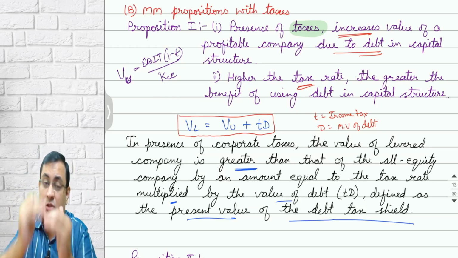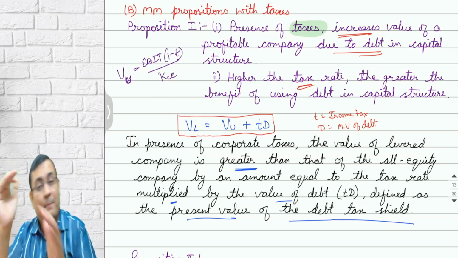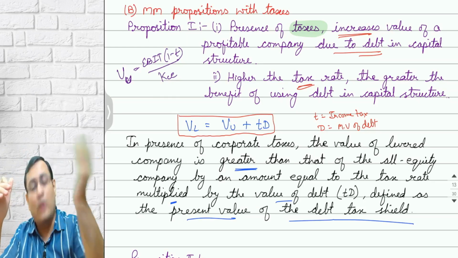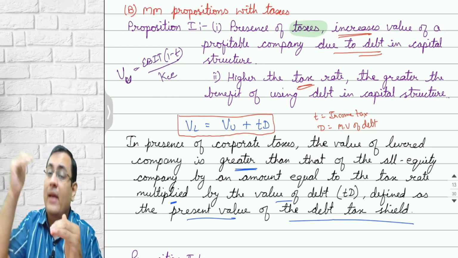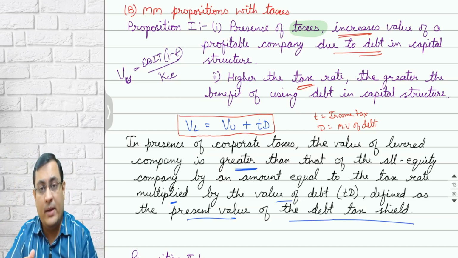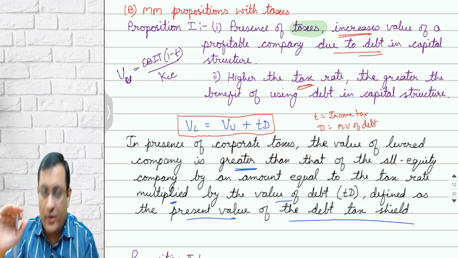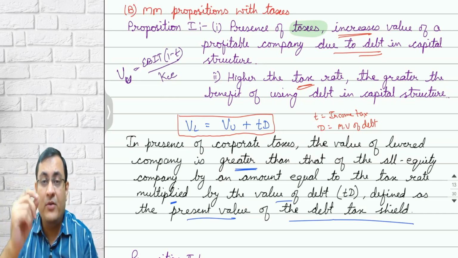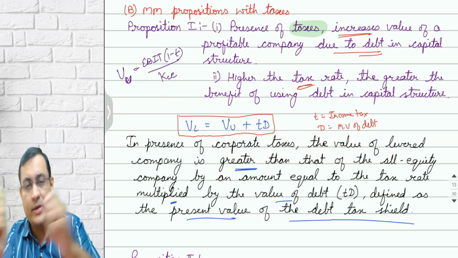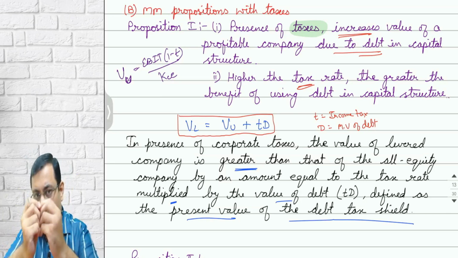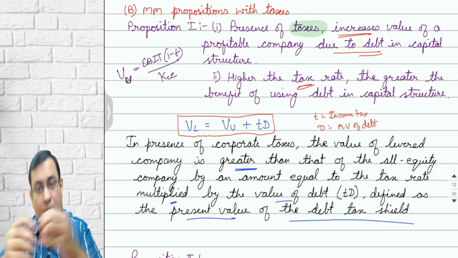So the company which has more debt compared to a company with less debt, or an unlevered company, is going to have an additional expense in the income statement. This additional expense will reduce the profit before tax, which will generate an additional benefit in the form of tax shield on interest. And this tax shield will come throughout the life of the company, which is perpetual.